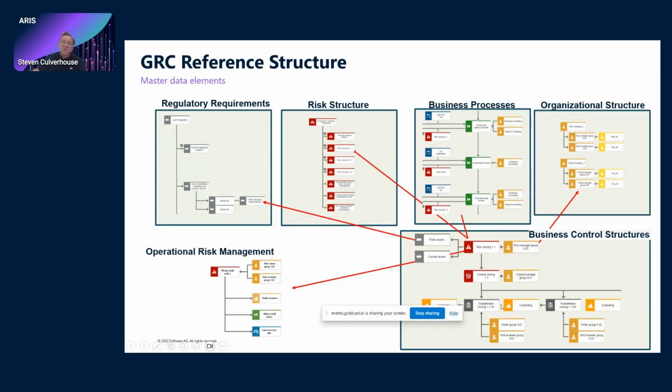But this control has got two different tests. Now, this might be a test of design. So is the control appropriately designed? Have we got the right activities in the test? Is it performed by the right person or the right role? And is it done at the appropriate time intervals? So that might be what we're looking for when we do a control design test.